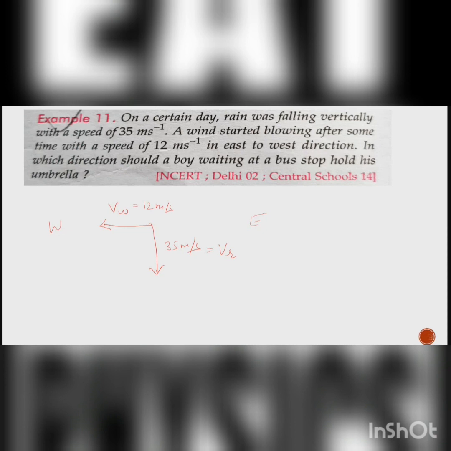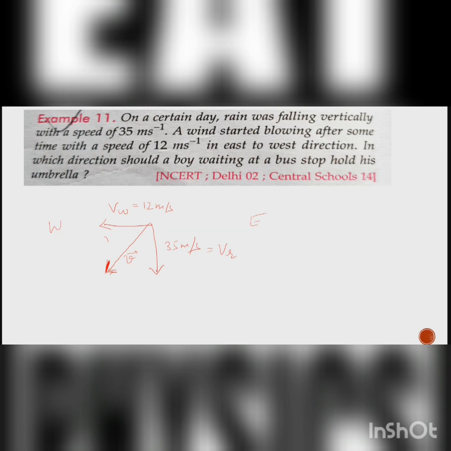Rain is falling vertically downward, but हवा के कारण वो थोड़ा सा tilt हो जाएगी, which all of us have experienced, that it will take a slight angle. So somewhere here would be the resultant velocity of the rain. So let's call this velocity as V.